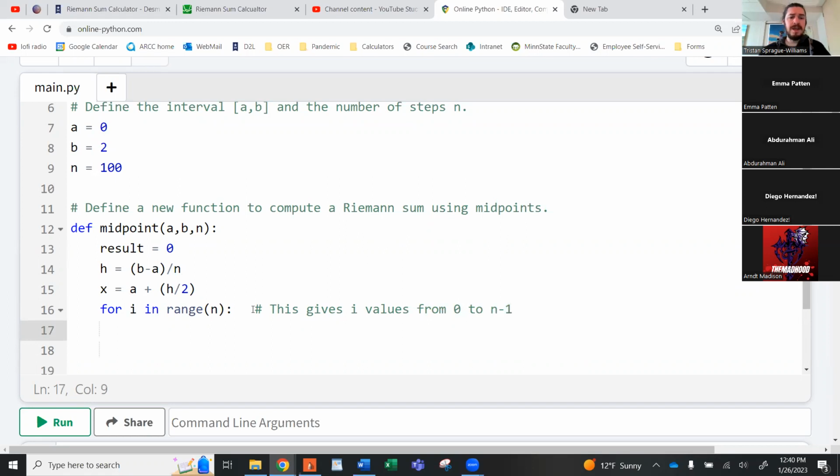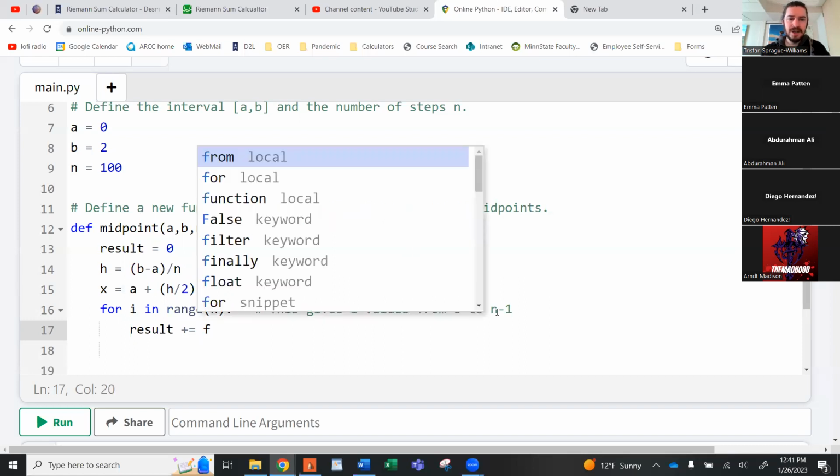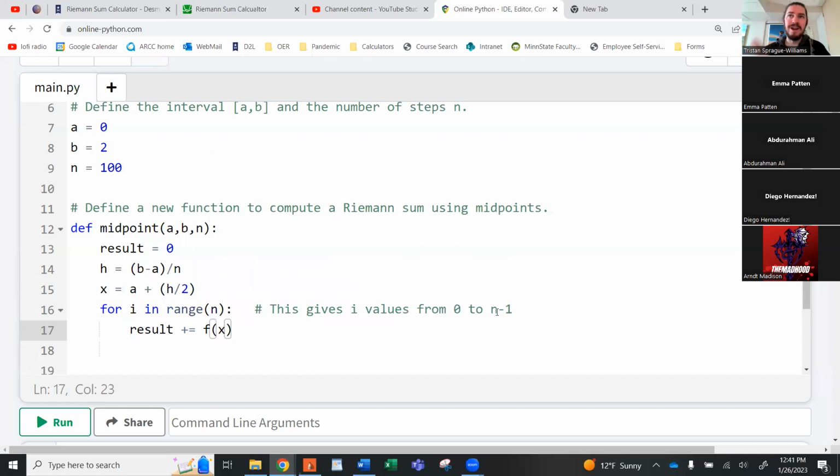So this is going to be the correct number of iterations as i goes from 0 to n minus 1. And then every time we go through, what we're going to do is take the result that we're keeping track of and add to it the function, evaluated at whatever x currently equals.